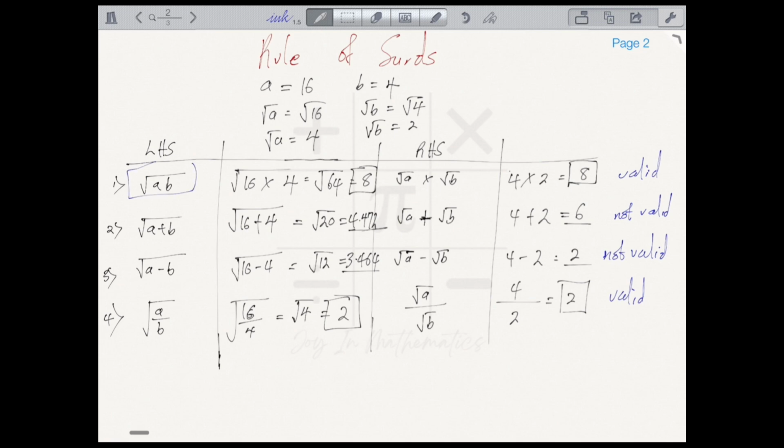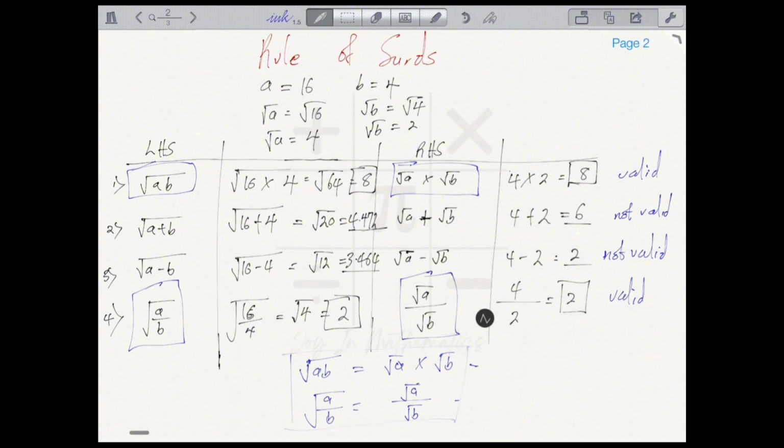Root AB is equal to root A multiplied by root B, and root of A divided by B is equal to root A divided by root B. Now, that means surds only work across multiplication and division. So this brings us to the two rules governing surds.